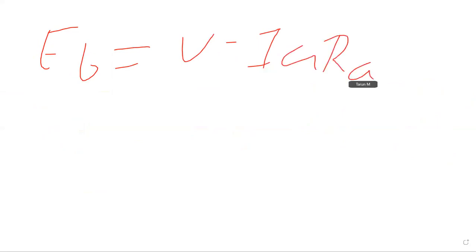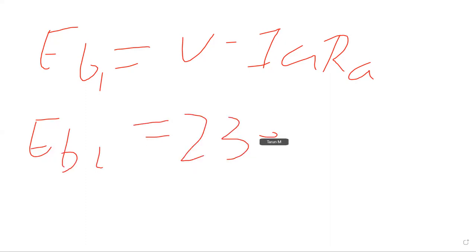Don't worry. So we already calculate EB1, right? Using this formula, EB equal to V minus IA into RA, correct? EB2 also you can calculate using this formula. The voltage will be 230, and the line current is 40 at full load, and the armature resistance is 0.025.